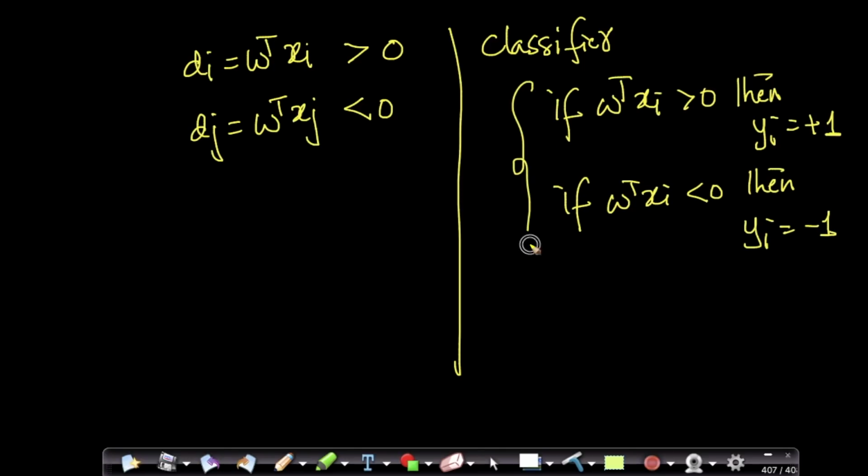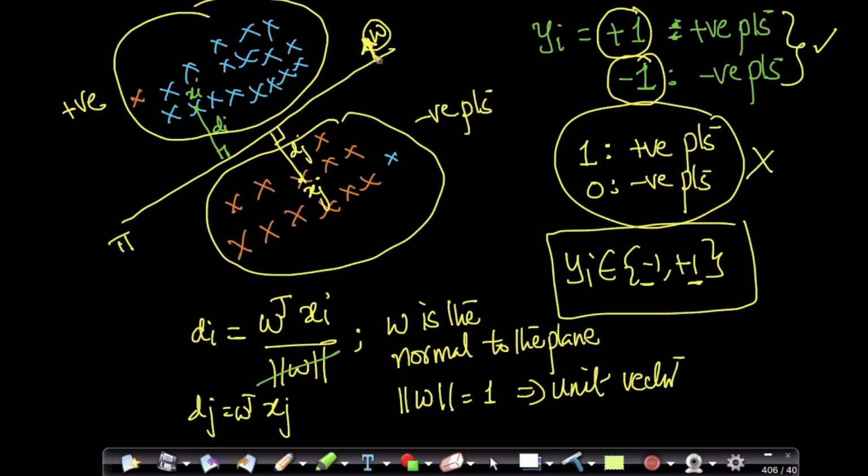This is what my classifier will look like. Because once I discover a plane, I'll say everything on this side of the plane are all positive points. Everything on this side of the plane are negative points. Of course, I'll make mistakes because this point is actually negative, but I'm classifying it as positive, and this point is actually positive, but I'm classifying it as negative.